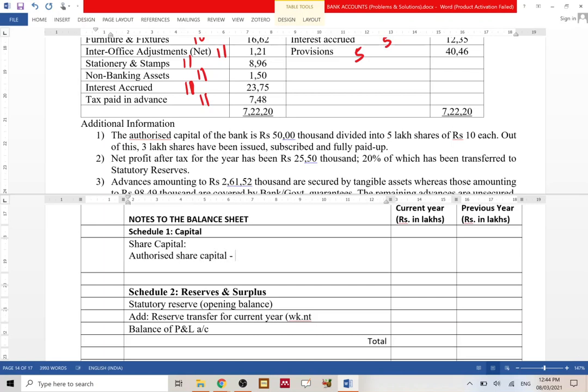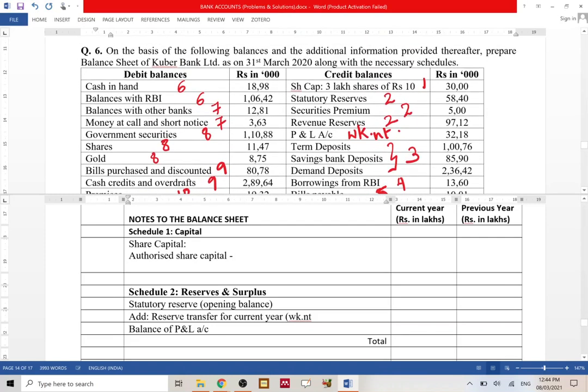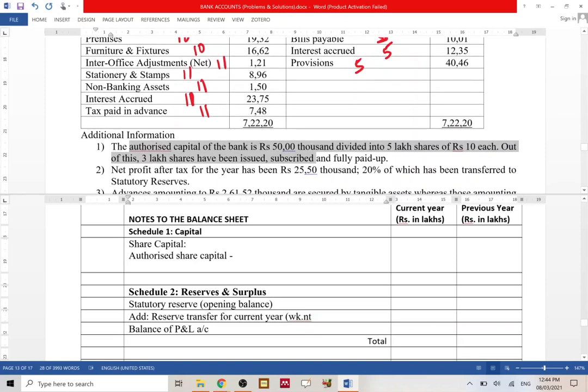The authorized capital is said to be 5,000. All of these amounts are given in thousands. So 5,000 divided into 5 lakh shares of rupees 10 each.